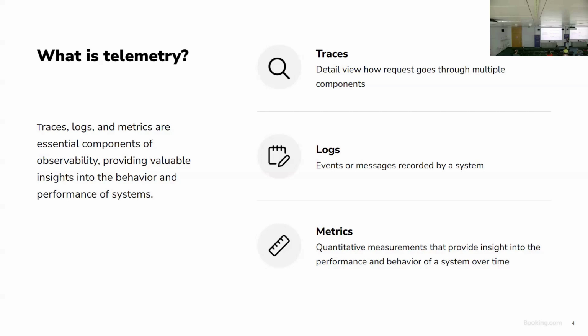Traces represent a view on how your processes work connected to each other, what time each process takes, where you have bottlenecks. Logs are basically all the events recorded in a system somewhere. And to measure our performance, we use different types of metrics. So basically, these 3 components are fundamental.